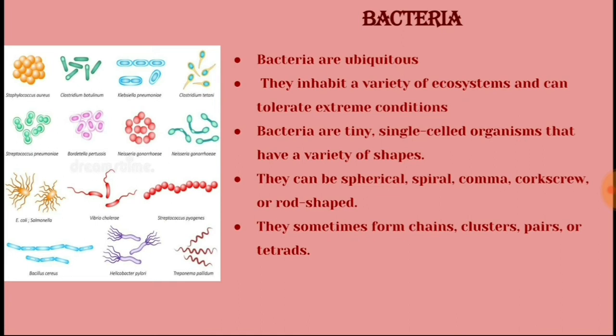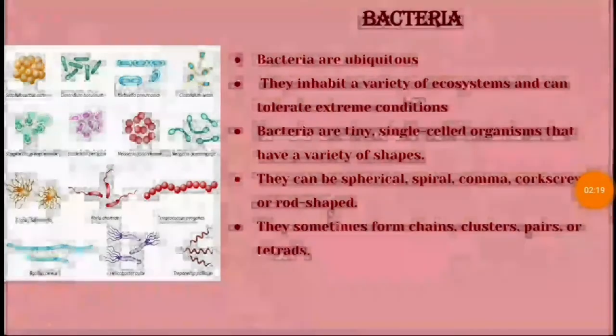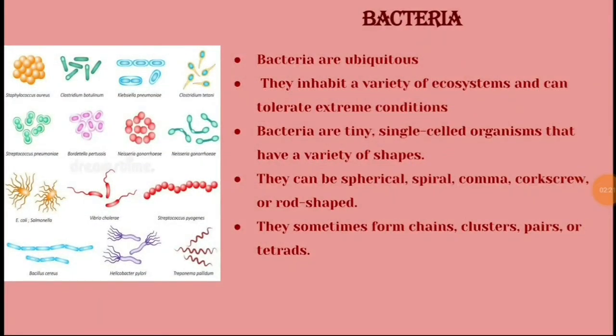Bacteria are very ubiquitous. Ubiquitous means commonly found everywhere. They inhabit a variety of ecosystems and can tolerate extreme conditions like those found in toxic waste, Arctic ice, and hydrothermal vents.